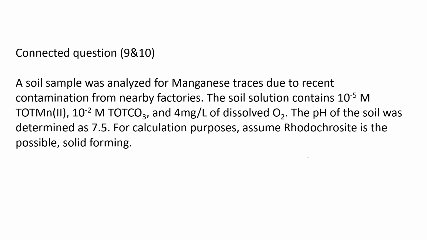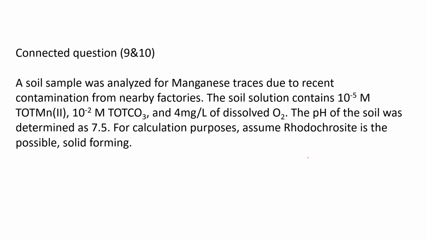So please note down all the parameters that are given in this question. A soil sample was analyzed for manganese traces due to recent contamination from nearby factories. The soil solution contains 10 raised to power minus 5 molar total manganese and total carbonate, and 4 milligrams per liter of total dissolved oxygen.